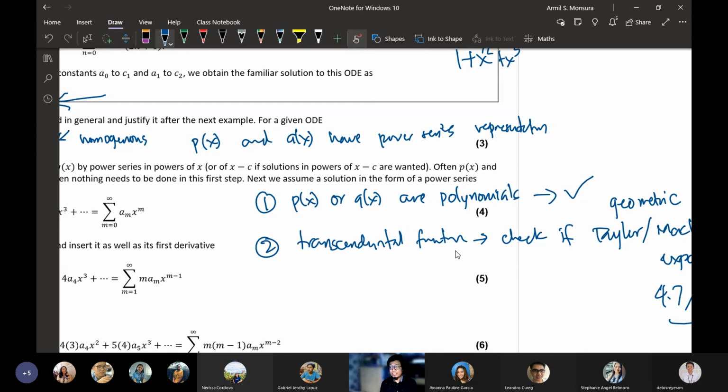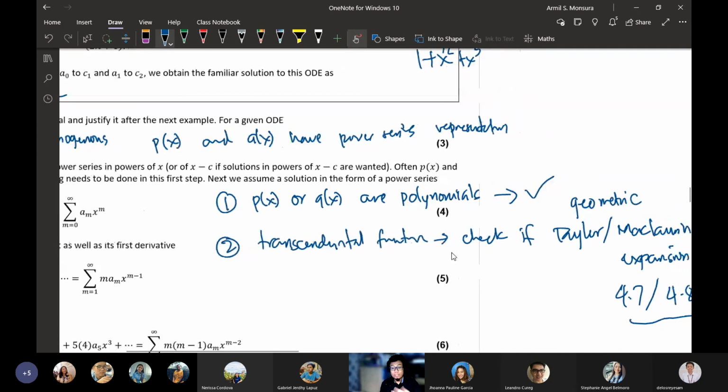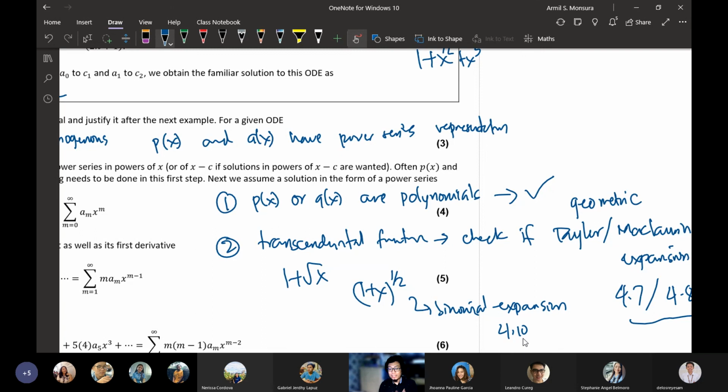But if these are transcendental or non-polynomial functions, like for example, 1 plus the square root of x, o kaya 1 plus x raised to 1/2, meron namang binomial expansion. This is covered in 4.10.